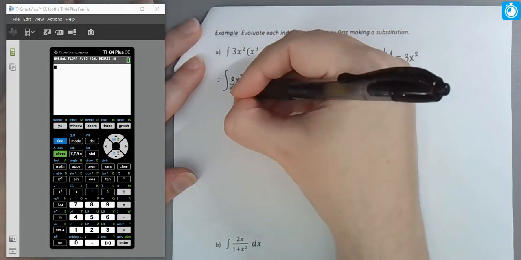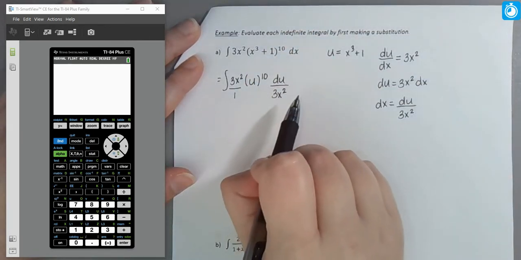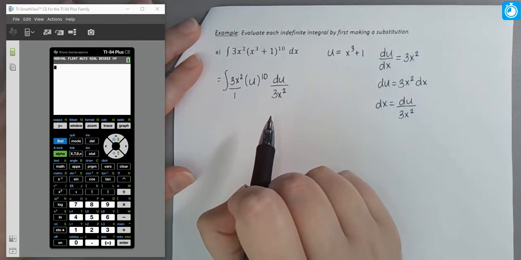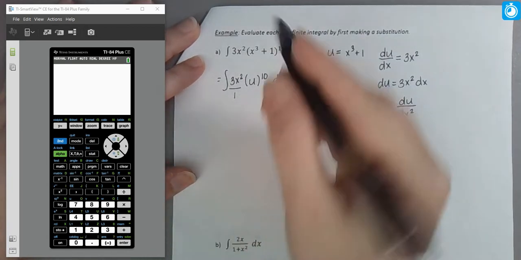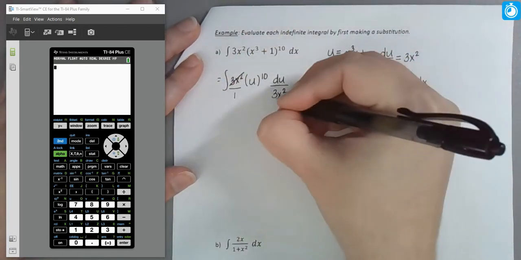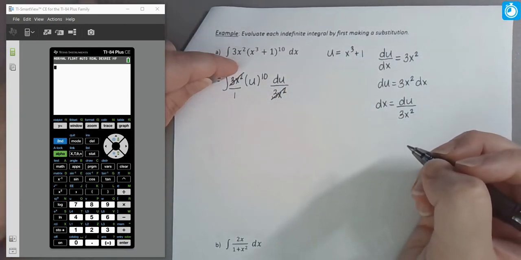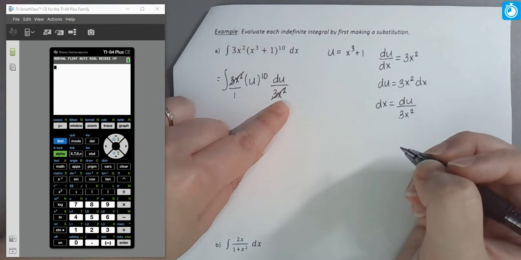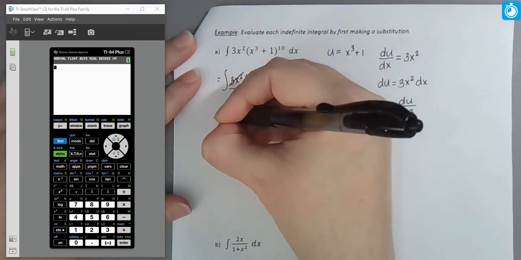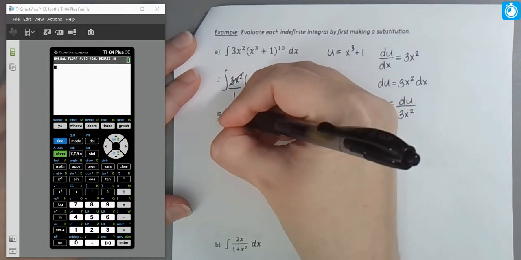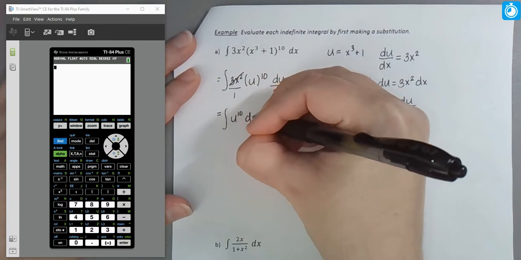So you can think of this like a 3x squared over 1, and then we have a du over 3x squared. So essentially, if there's a numerator and a denominator that's implicit, then we have a matching factor of 3x squared in the numerator and in the denominator. And so it ends up dividing out to 1, which leaves us with u to the 10th power and then just du.